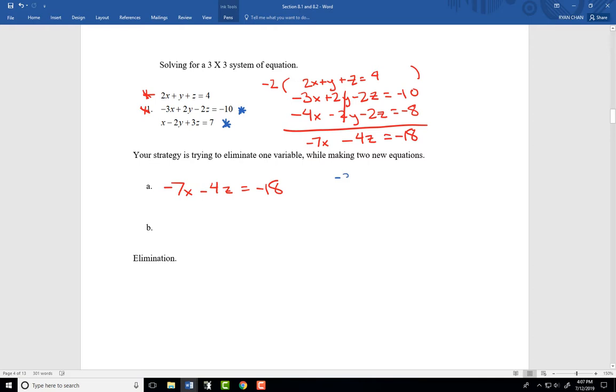So here I have negative 3x plus 2y minus 2z is equal to negative 10, and I have x minus 2y plus 3z is equal to 7. Thankfully for us, we don't need to multiply either row by a particular number. So I just combine. I have negative 2x plus z is equal to negative 3.